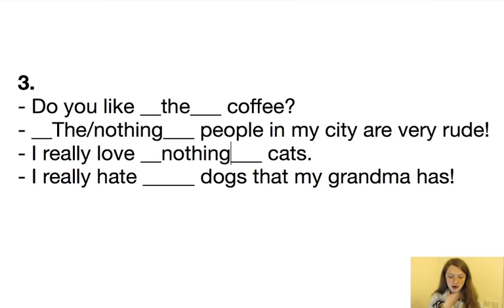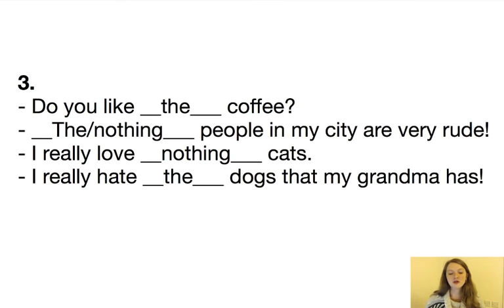And the last one, what do we think here? I really hate dogs that my grandma has. Do I need an article or not? What do we think with the dogs one? I really hate dogs that my grandma has. Fantastic. The dogs. I really hate the dogs that my grandma has.